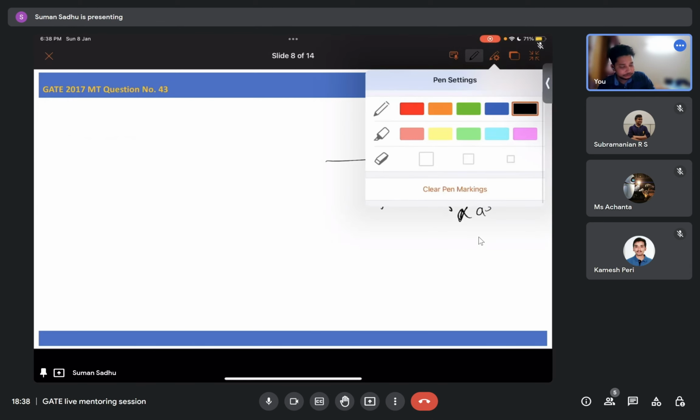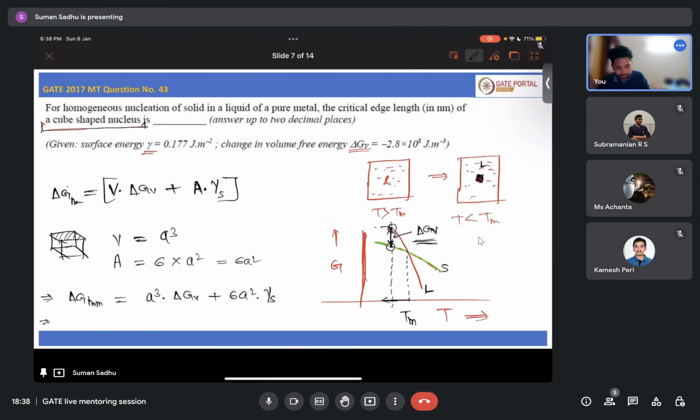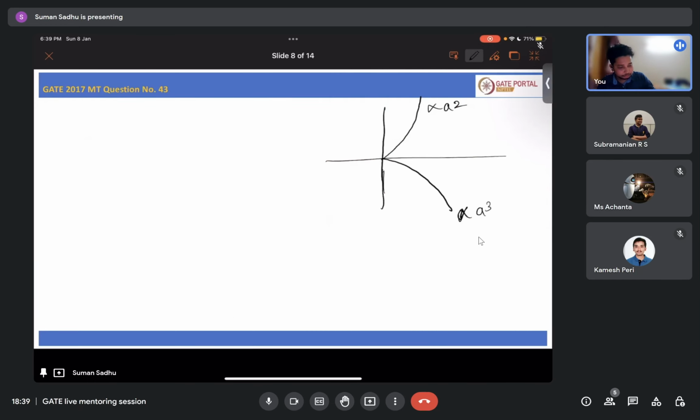Two terms were there, the first term and the second term. So what will be the resultant? Your resultant will look something like this, and this is the critical length of the critical nucleus, a star.